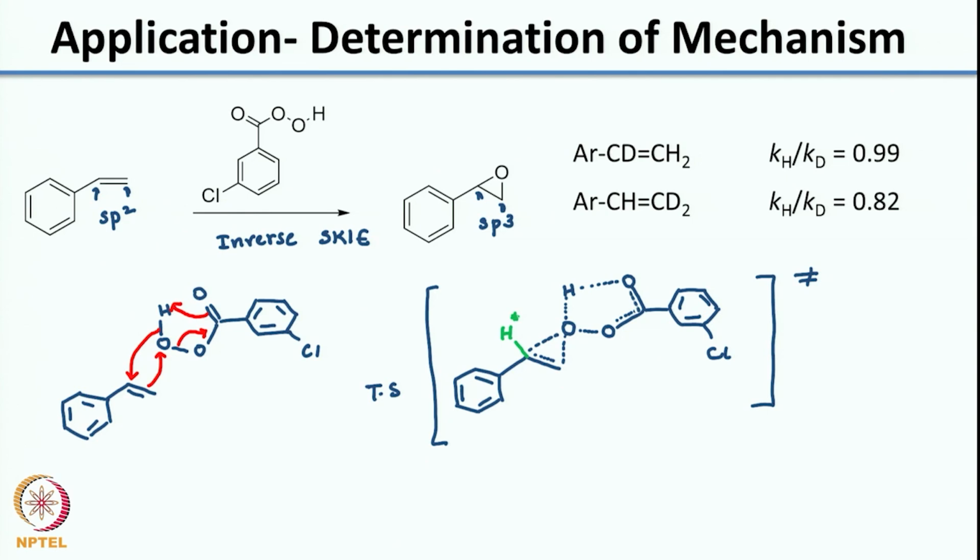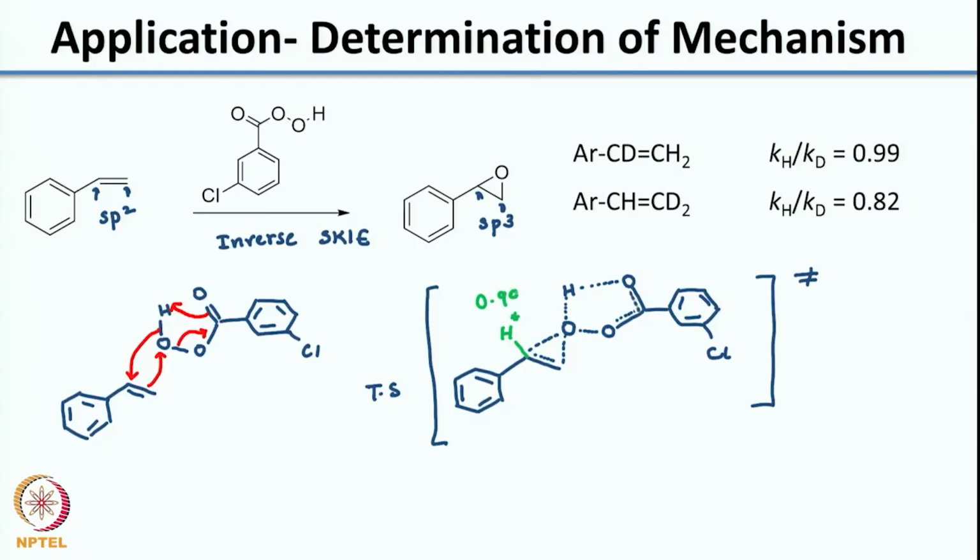Now, what you see is that when you do an isotopic substitution here, the Kh over Kd value is not that high. The Kh over Kd value is 0.99, almost close to 1. I will just write the value here, it is 0.99.